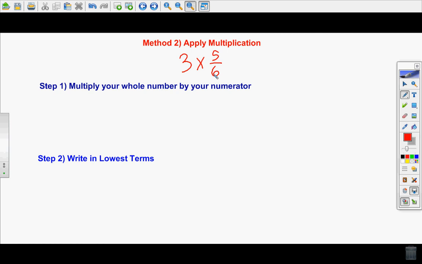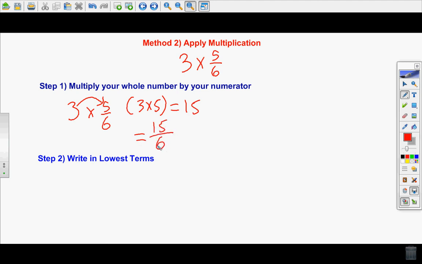That's essentially like saying 3 times 5 over 6. All we're doing is taking this 3 and multiplying it by the 5, which is like saying 3 times 5, which we know is 15. So that should essentially give us 15 over 6.